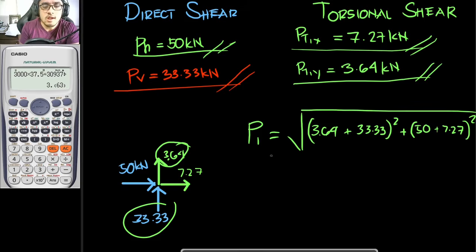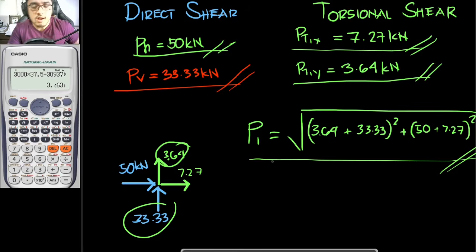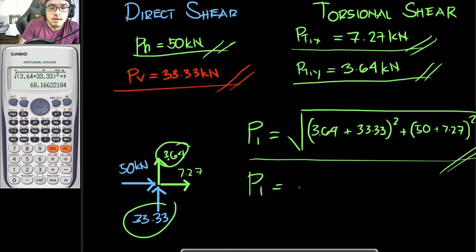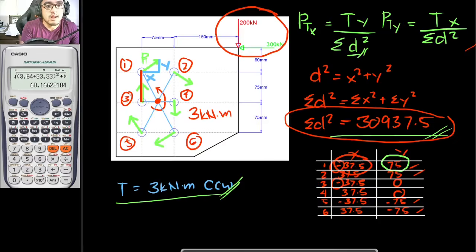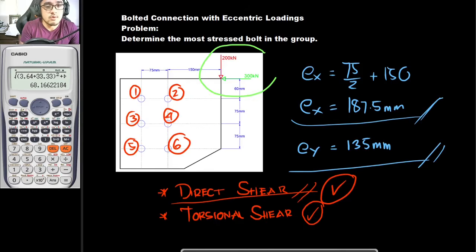Guys, I took a shortcut and went directly to the Pythagorean theorem, but if you want to do summation of forces vertical and summation of forces horizontal, that is better. But to keep our video shorter, let's go direct. From that, the value of our P1 is equal to 68.166, so 68.17. So the resultant right now is 68.17 kilonewtons. This is the magnitude of the most stressed bolt in this particular setup, considering this load case.